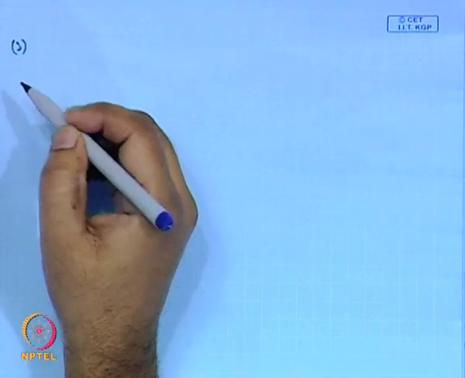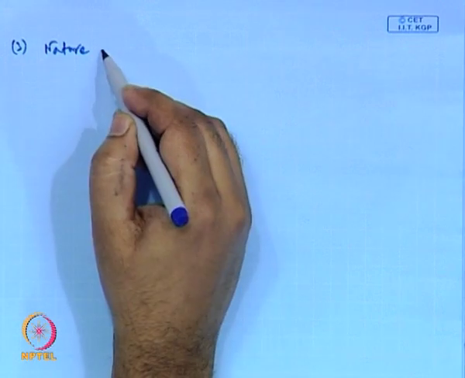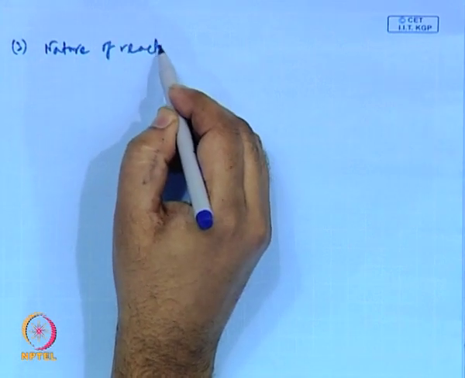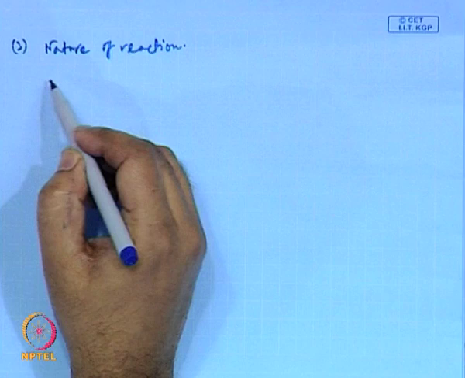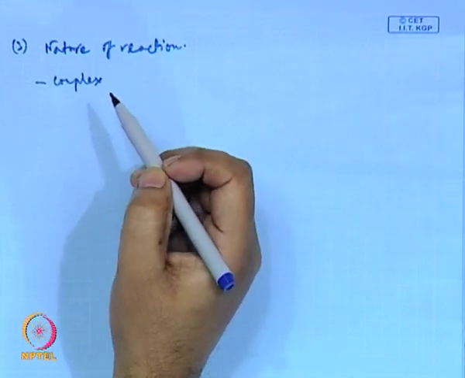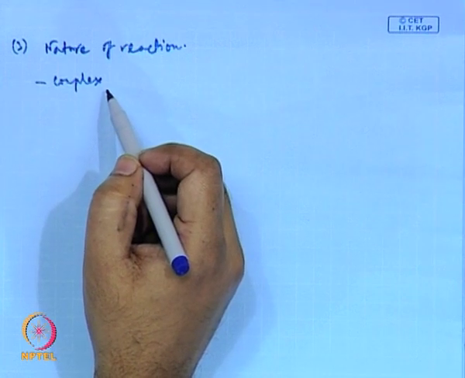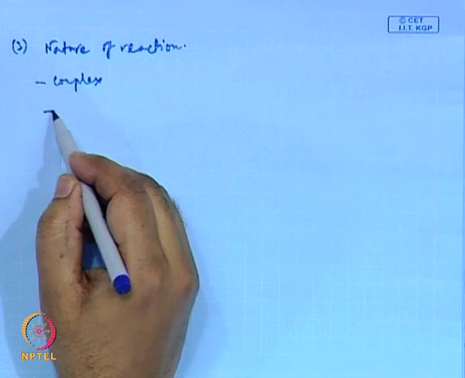So, the third characteristic we can talk about and compare is the nature of the reaction. These are complex reactions, as we will find out from further discussion, and they are very fast.